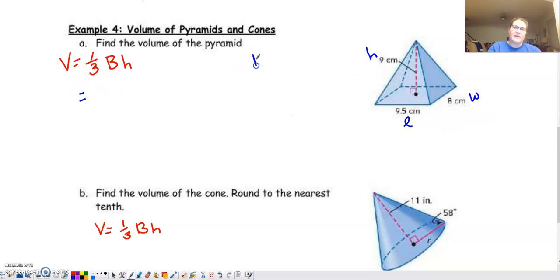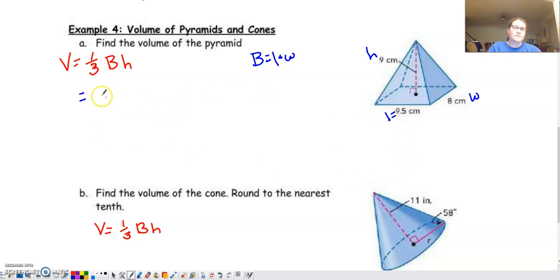So the area of the base is my length times my width. Here, let me rewrite those L's as just L's so they're less confusing, because right now they look like slant height, don't they? All right, we're going to rewrite that as the area of the base is length times width, and L equals.